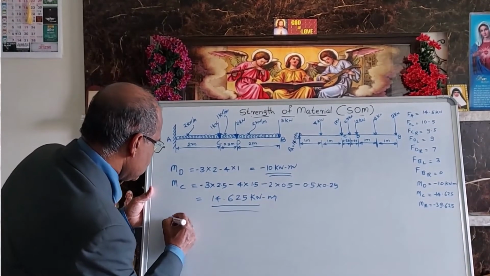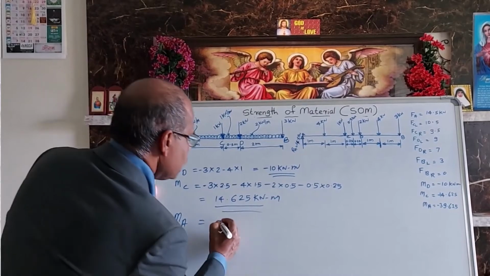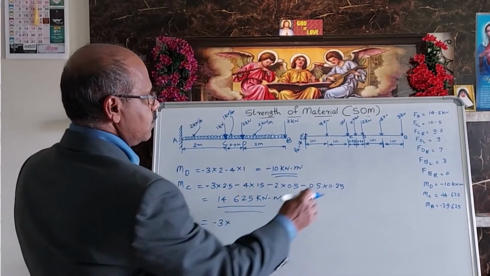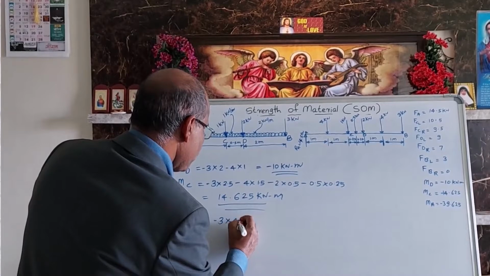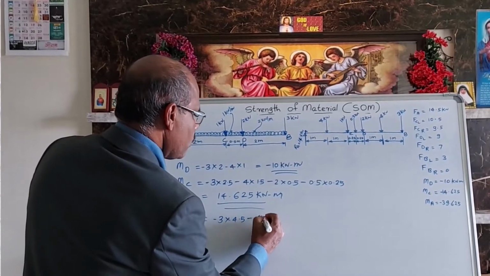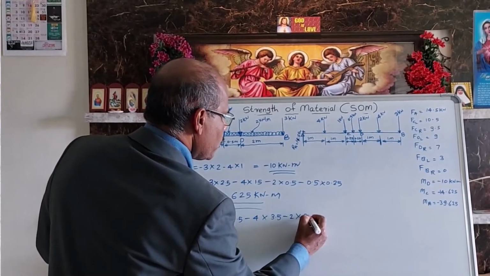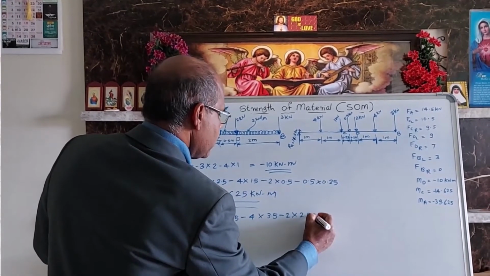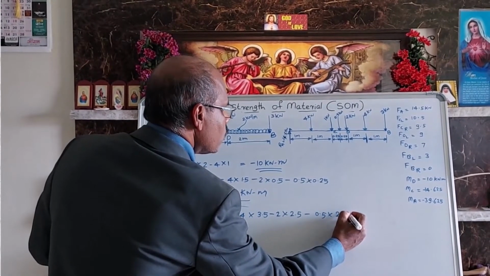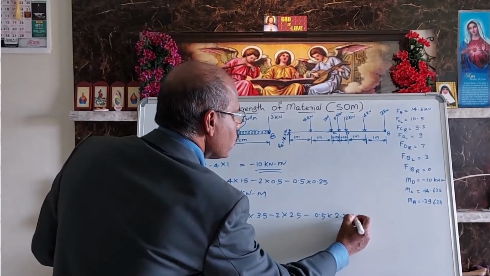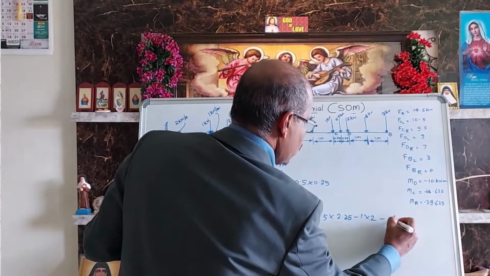Then come to the calculation of the bending moment at the point A. 3 minus 3 multiplied by 1 plus 1, 2, 2.5, 2.5 plus 2, 4.5. 4.5 minus 4 multiplied by 3.5, minus 2 multiplied by 2.5, minus 0.5 into 2.25, minus 1 into 2, minus 4 into 1.